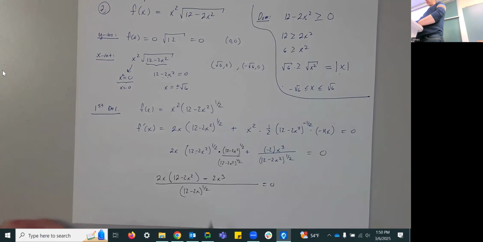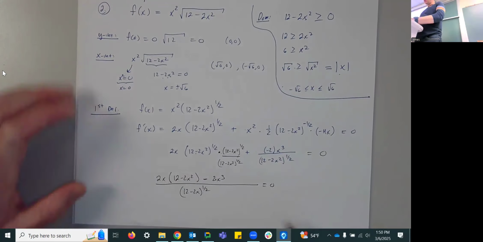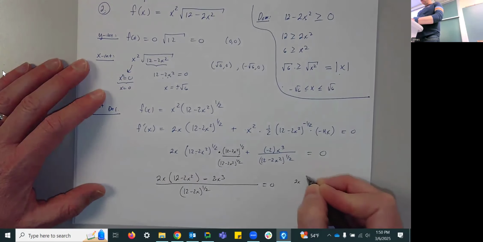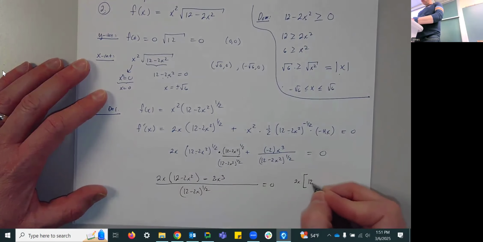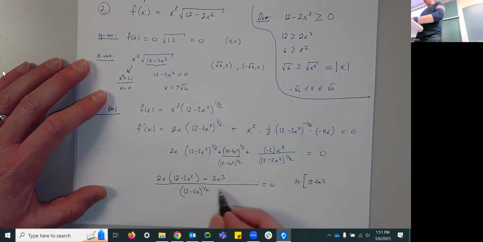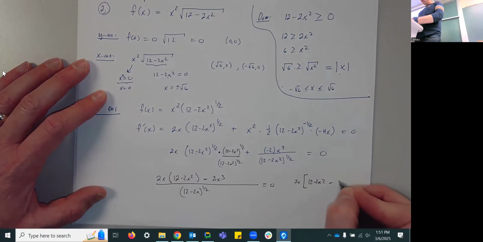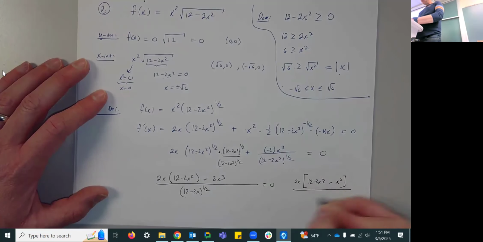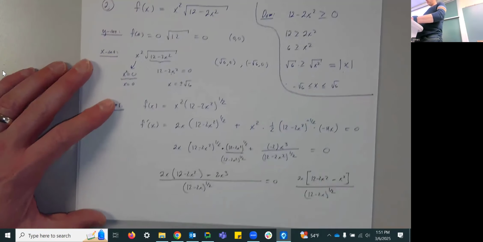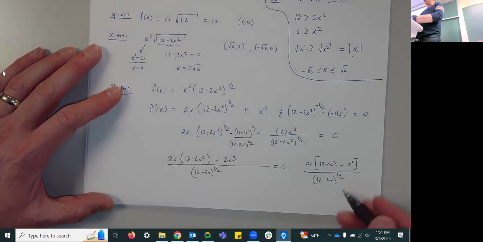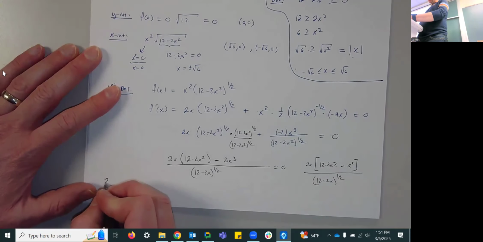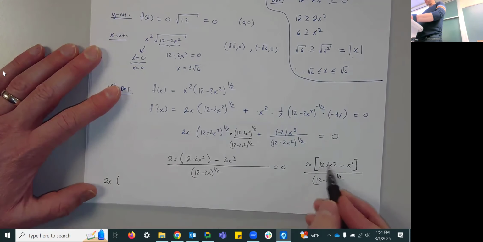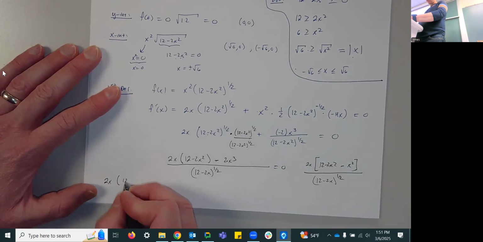Both from this piece and this piece, I can factor out a 2x. That means I'm going to have 2x times (12 minus 2x squared) here and a negative x squared over there. I should simplify. That's lazy, James. Fine. So 2x times (12 minus 2x squared minus x squared), which is 12 minus 3x squared, all over the same thing.